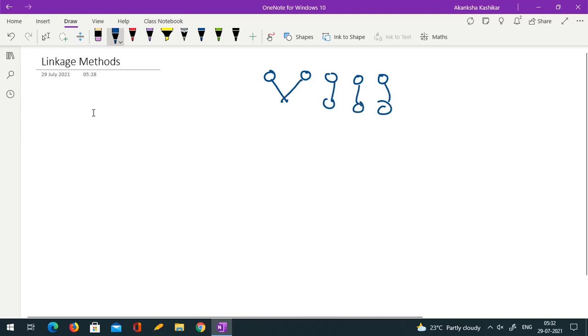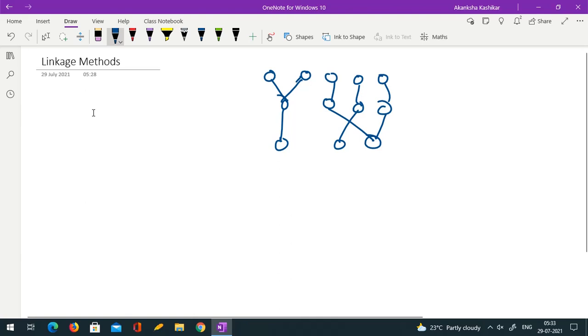Maybe at the first step I have clubbed these two together, maybe at the next step I have clubbed these two together, this is still here and this is still here and so on. Intuitively, you will be clubbing objects which are close to each other, those objects which have minimum distance. At the initial stage, fine, we compute the distance between all the objects.